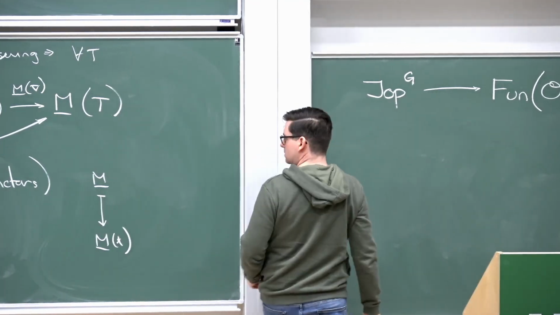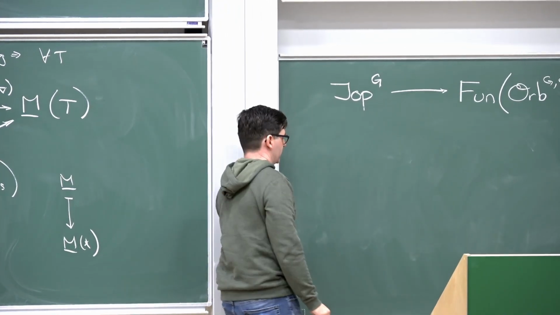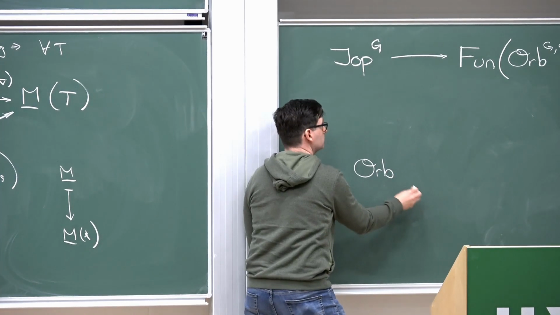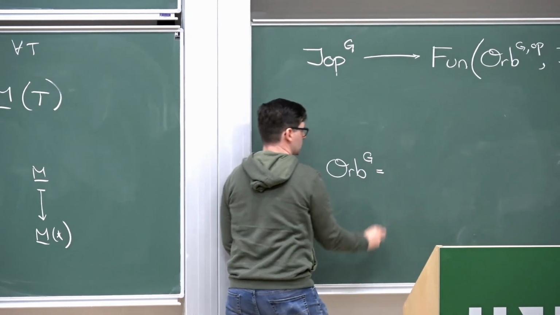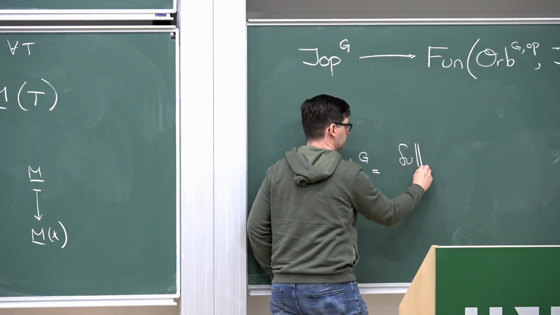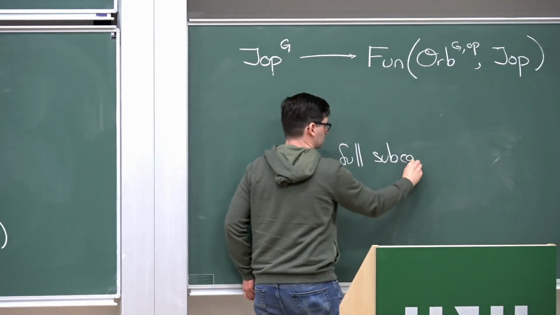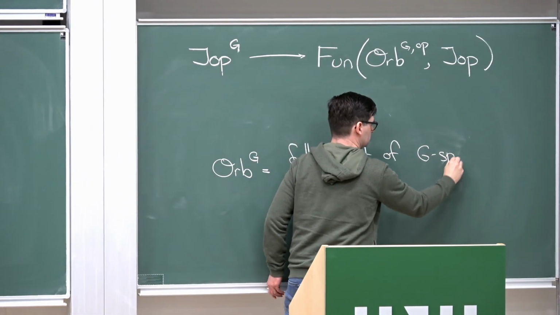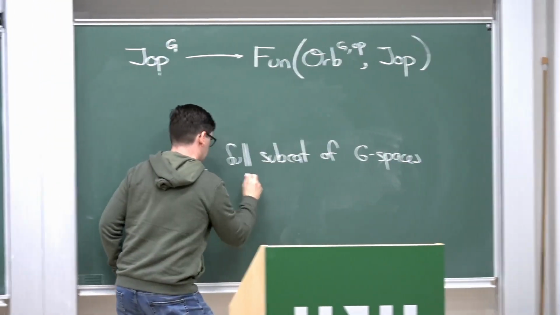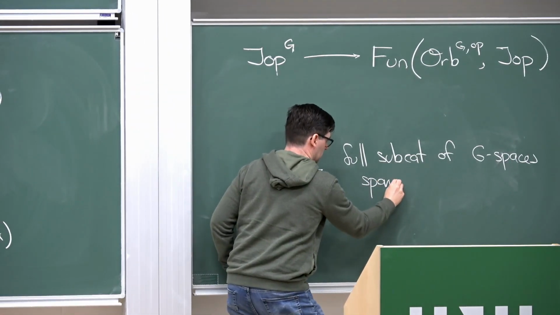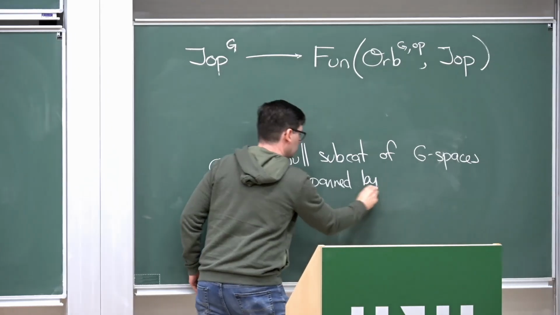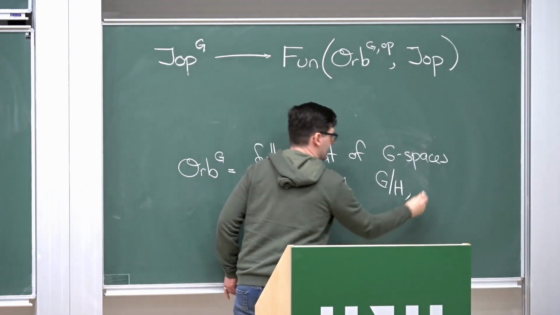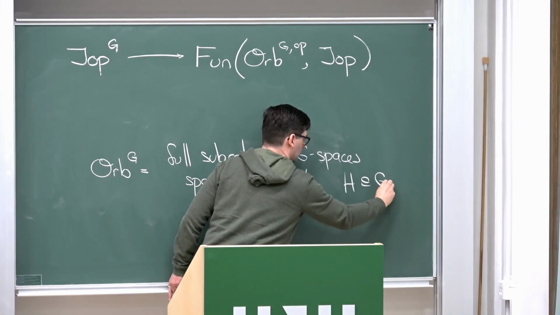As a reminder, the orbit category here is just the full subcategory of G spaces spanned by the orbits G mod H as H ranges over the subgroups.